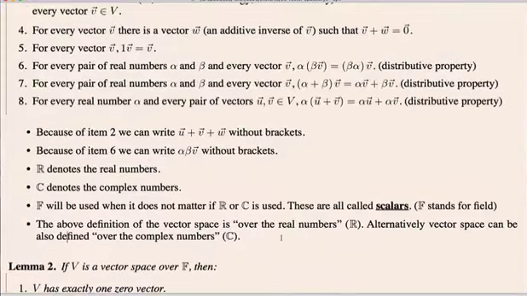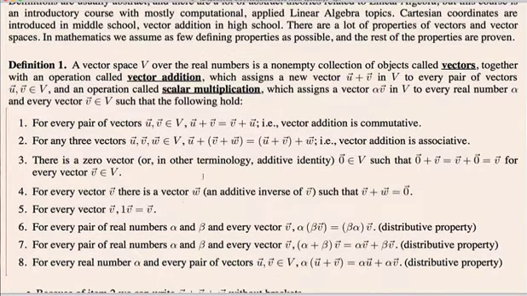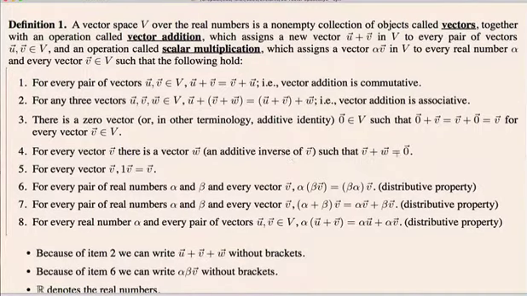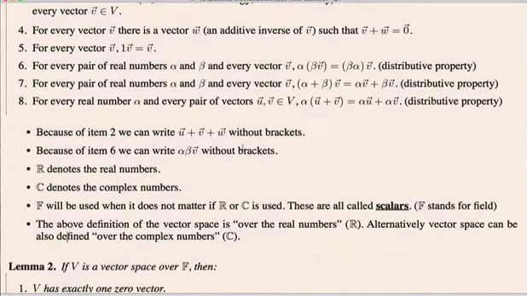Again, let's go back to the definition and check what it says about the additive inverse. Well, the definition just says that there must be an additive inverse such that v plus w is 0. But it doesn't say how many additive inverses can exist.